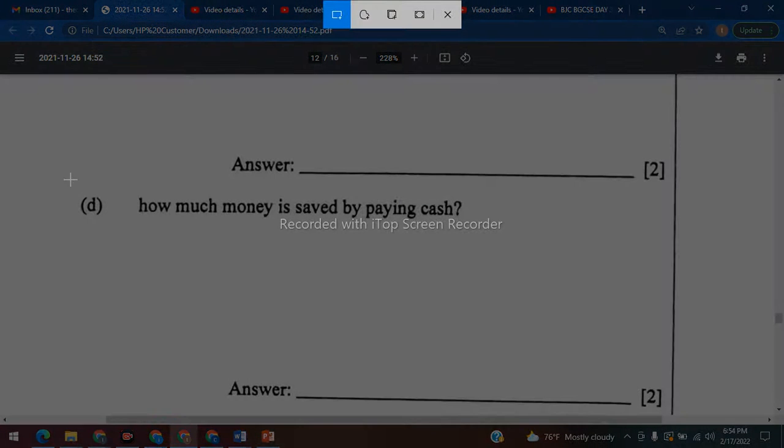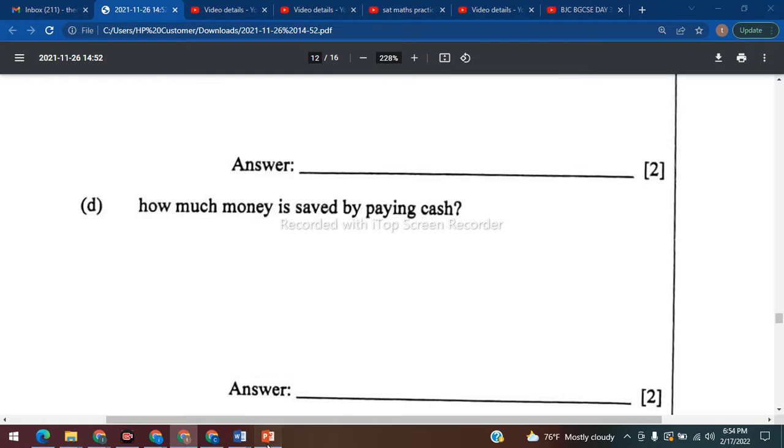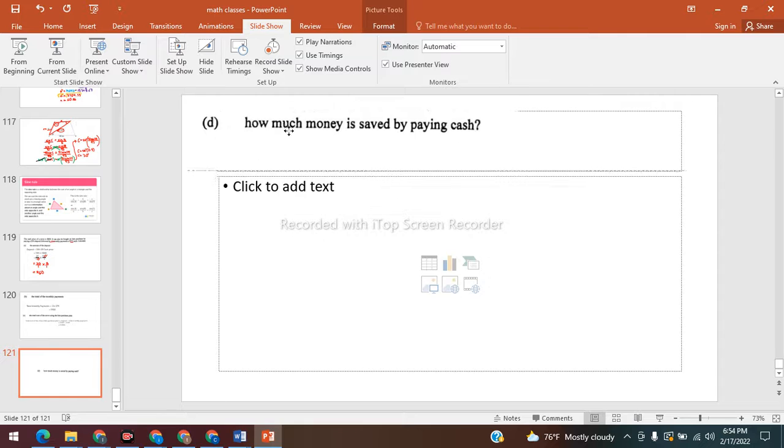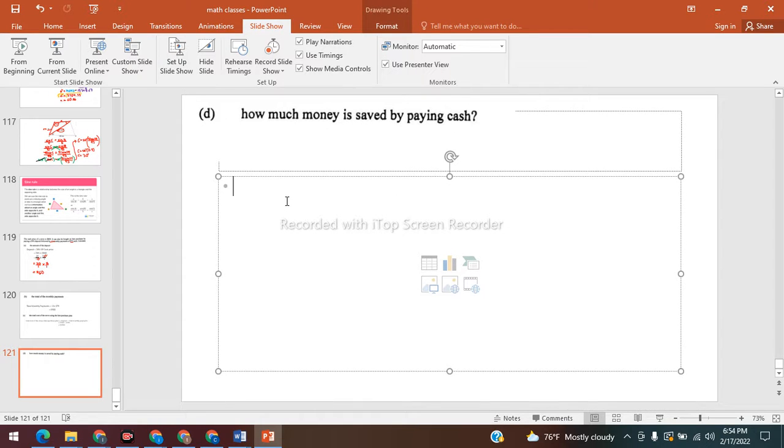The question is, how much money is saved by paying cash? Can anyone walk me through this? Amount saved by paying cash. It's 800 from 1,060.